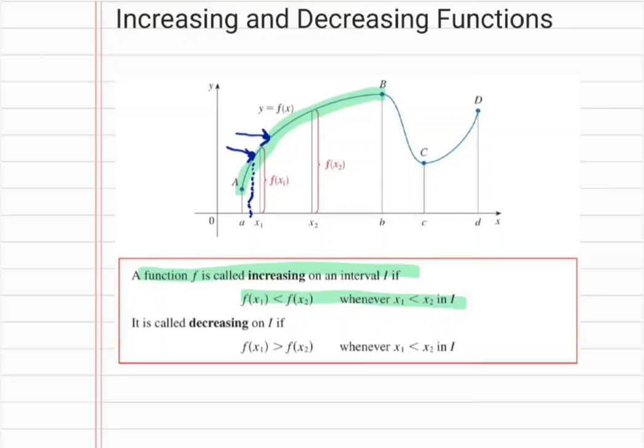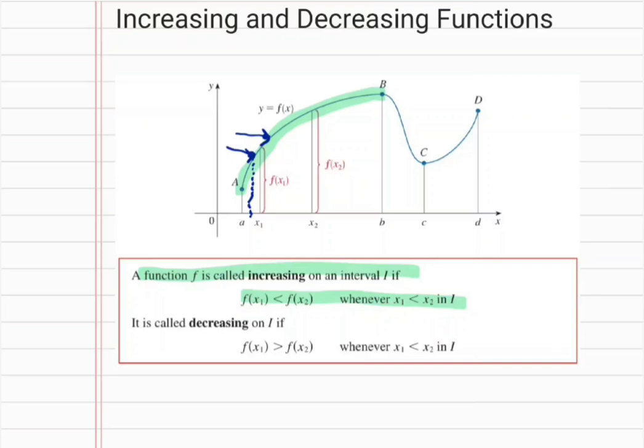If you pick any x value and then a second x value that is bigger, as long as you are going to the right side, and at the same time f of x1 is less than f of x2, then you have an increasing function. And this should be true for all the x values in that specific interval.